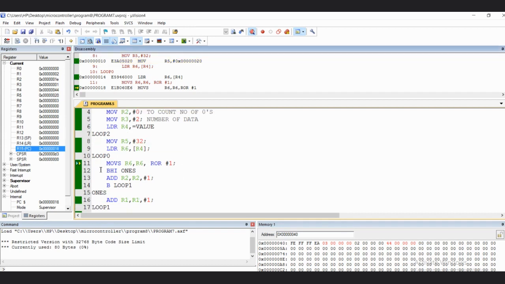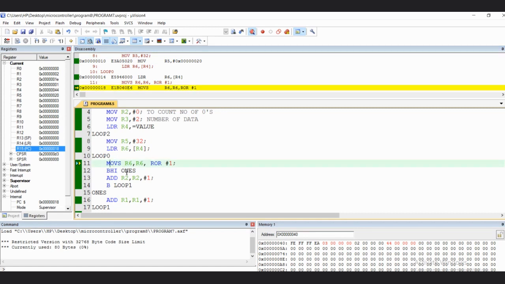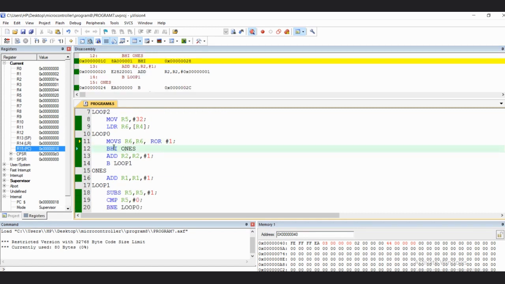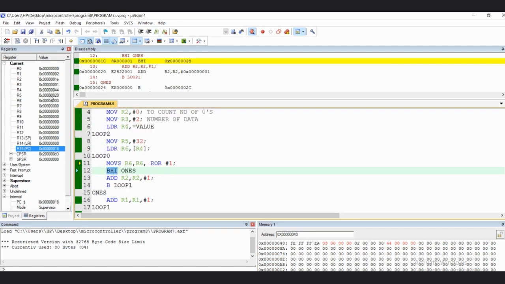Then all the rotations happen, and it will check the carry flag. If it is high, then the number of ones will be increased by 1. If carry is low, then the number of zeros will be increased. Again, the same procedure will be followed for the other number.